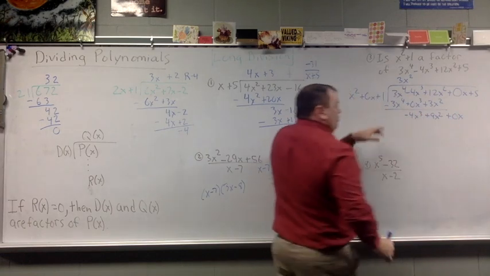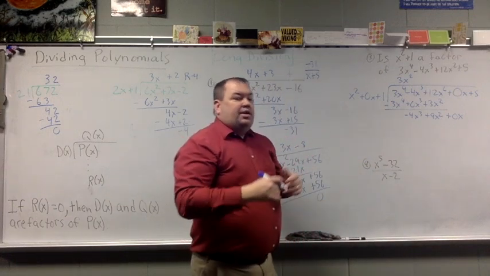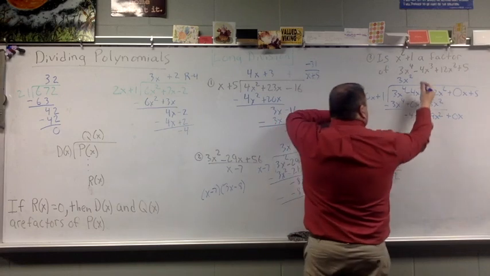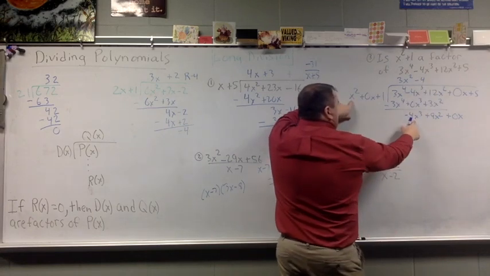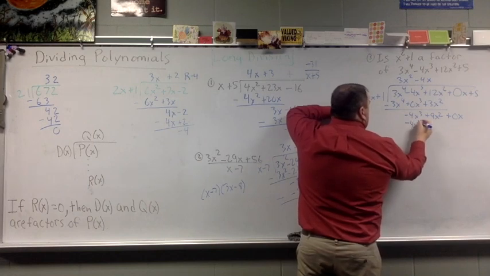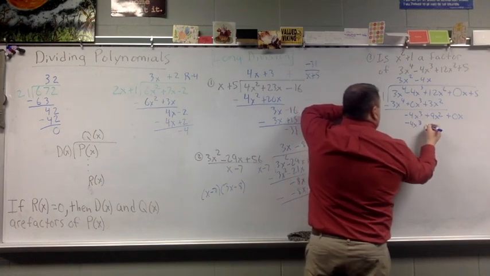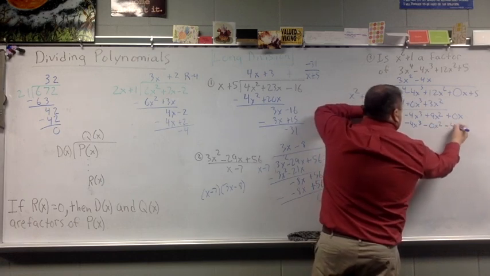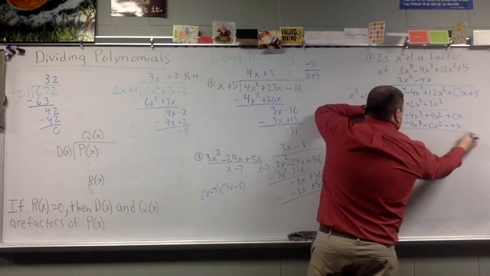And bring down your placeholder. Now I need to multiply. This needs a negative 4, and it's short one of the x's. So I'm multiplying here. And then I'm going to subtract.